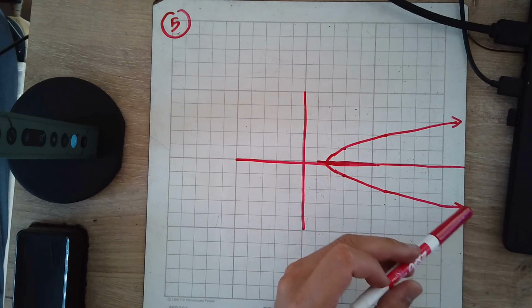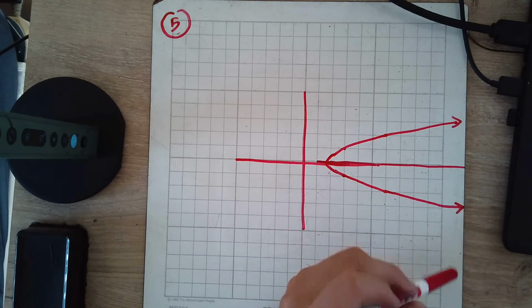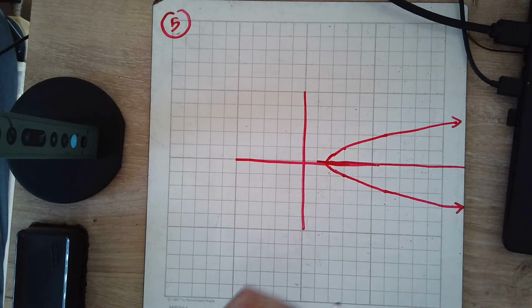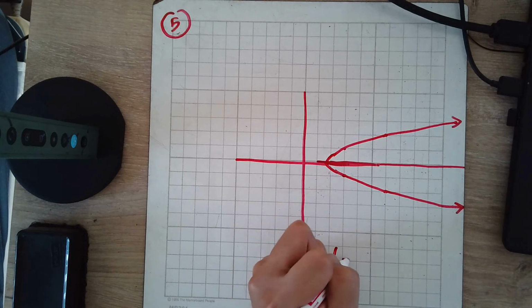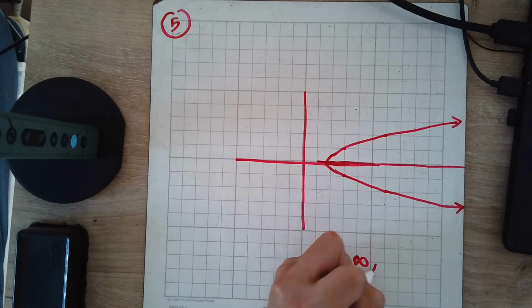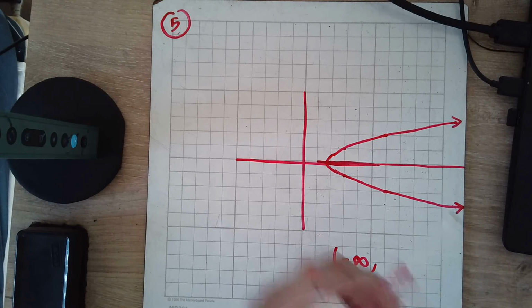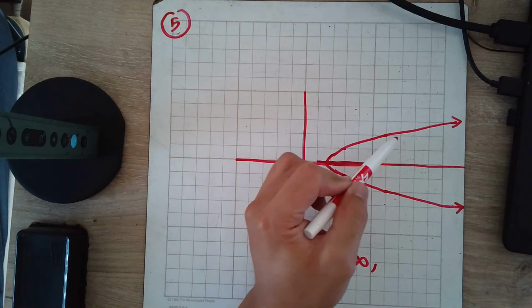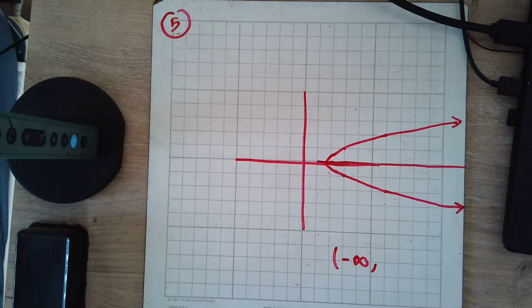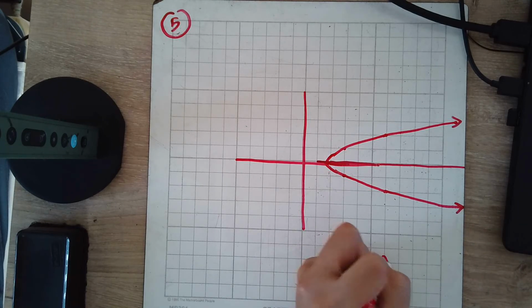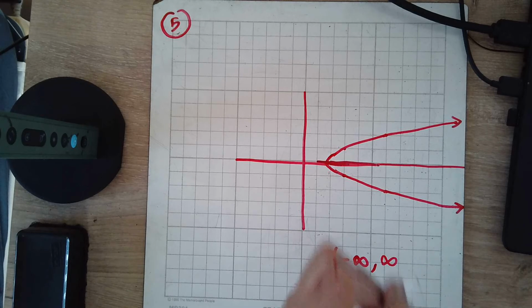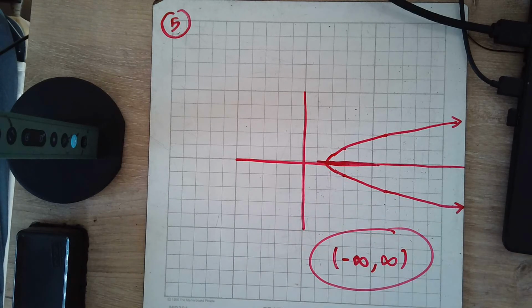So technically there isn't a bottom to this graph, and it goes all the way down to negative infinity. So our first point is always the bottom of our graph, and the second point is always the top of our graph. Well, same line of thinking. This just keeps on growing and growing to positive infinity. So that's what we write. And that's our answer.